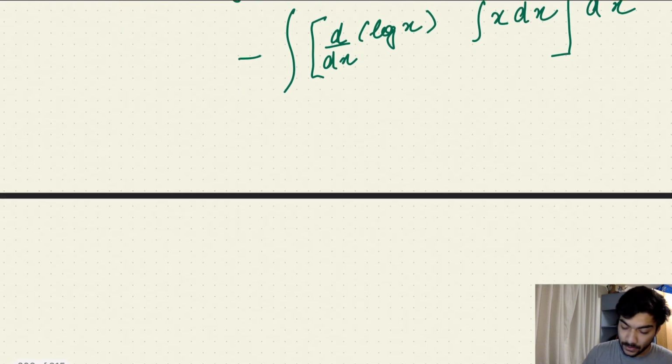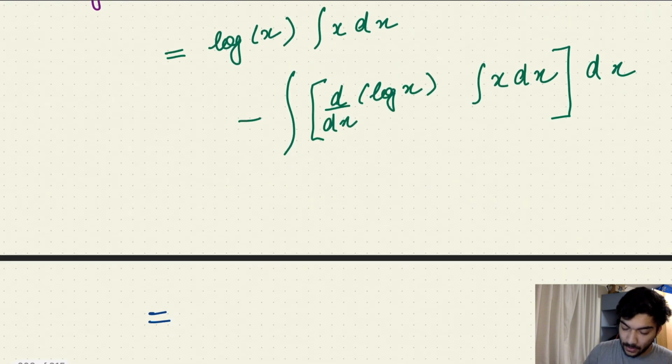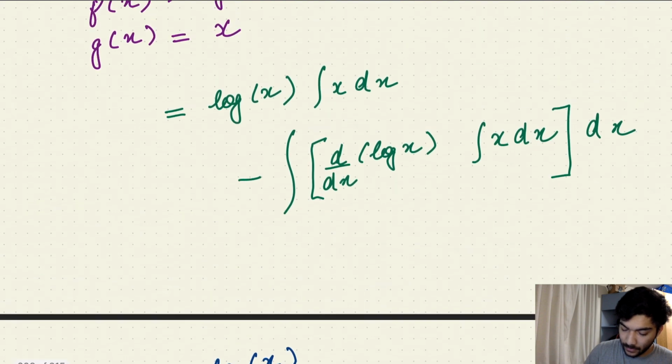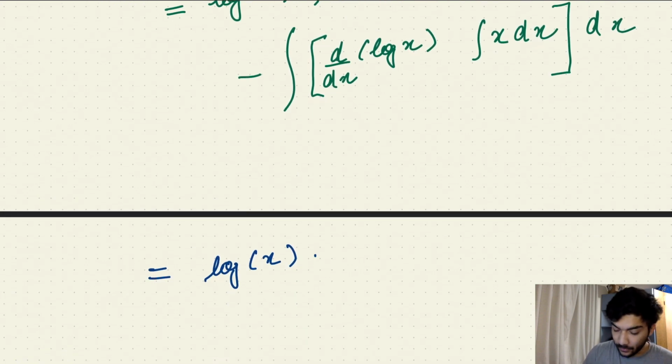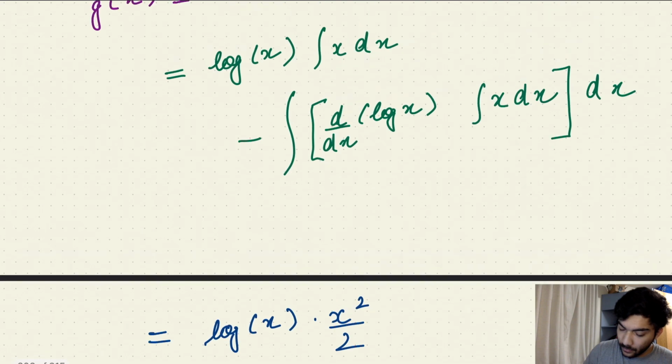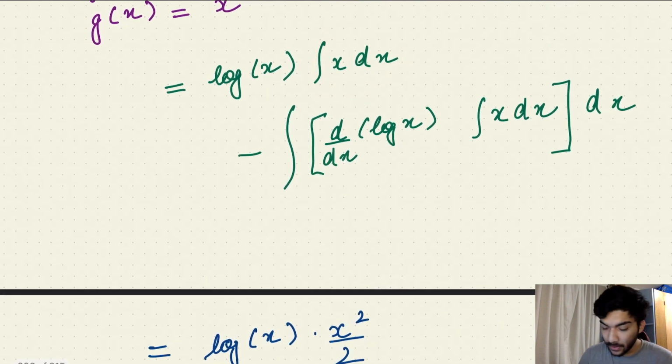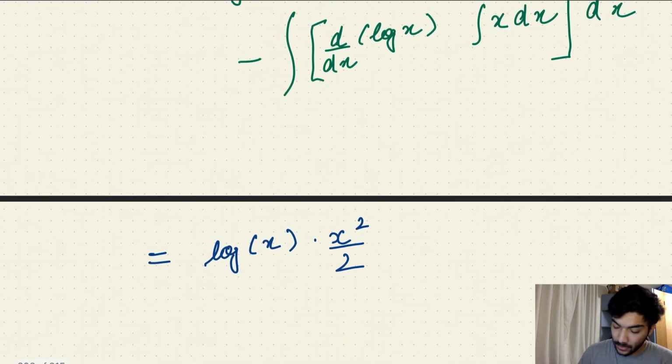So if we solve this, this would be log x times integration of x, which is x square by 2, right? Because integration of x dx is x square by 2. And again we'll adjust the constant of integration at the end, right?